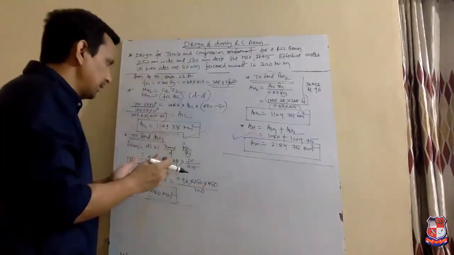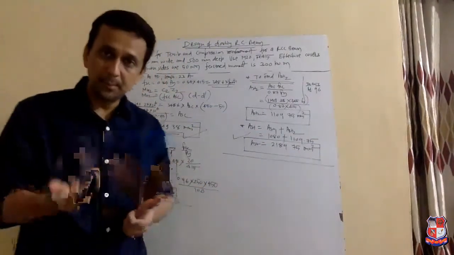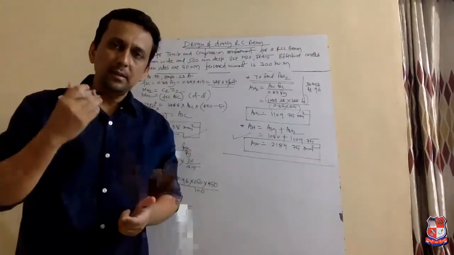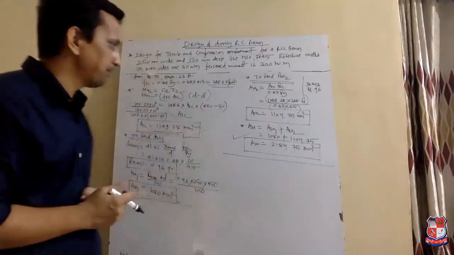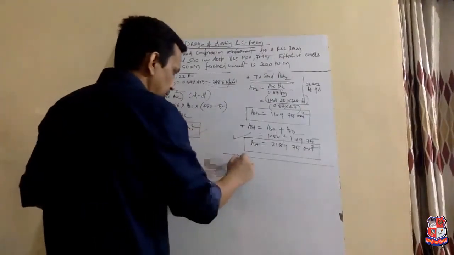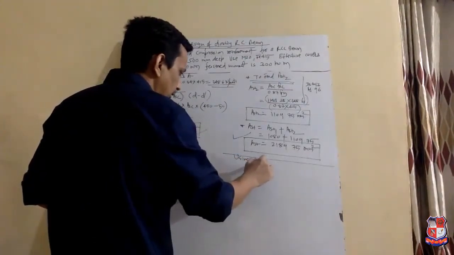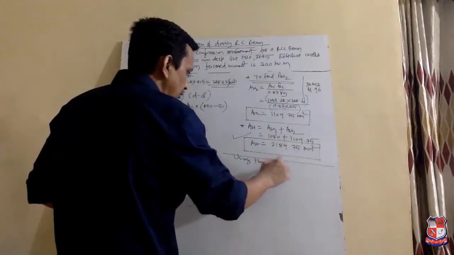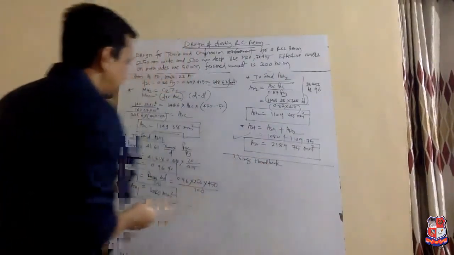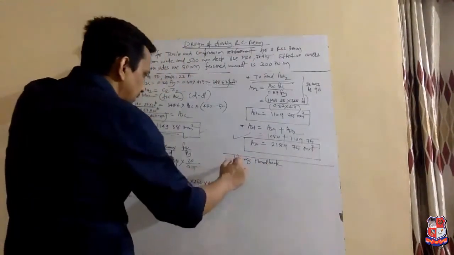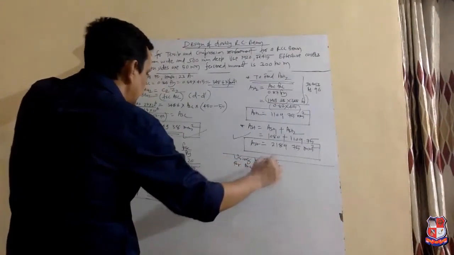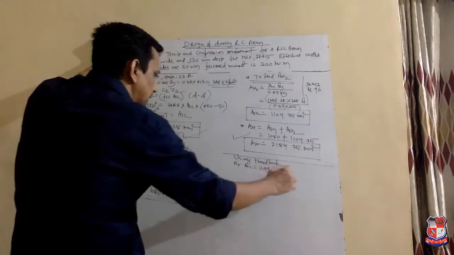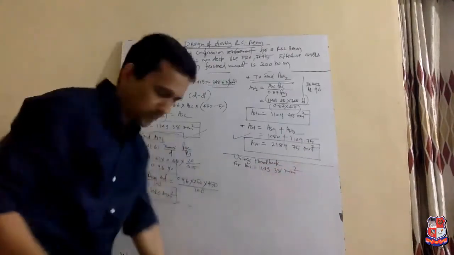So here you can use the handbook, and you can also directly provide it using simple mathematical calculation. So first we use the handbook. Using the handbook, how do we provide reinforcement? Let's see. First, for ASC, 1149.38 mm square.